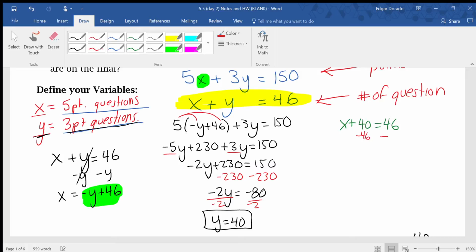Simple one-step equation. So I would subtract 40, and I would get an answer of x equals 6.